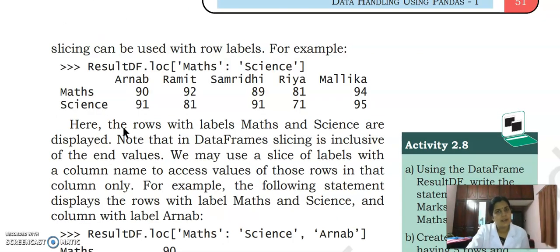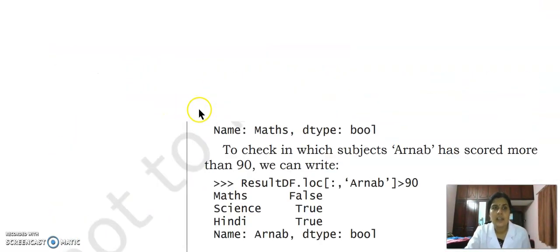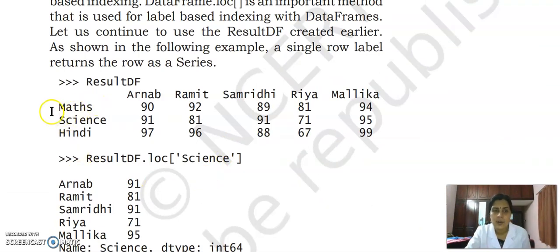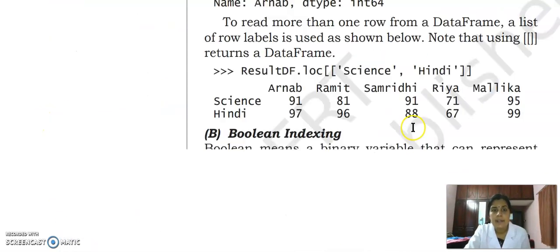Slice means we have to cut a portion of the data frame. So maths colon science means from maths to science all the values are printed. So these two rows will be printed in the output. That means maths and science will be printed in the output.